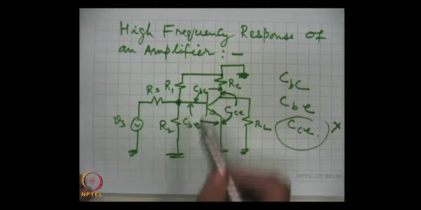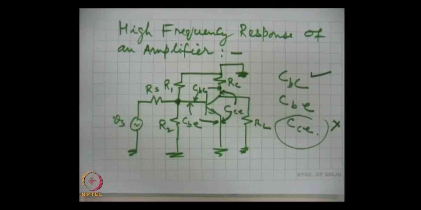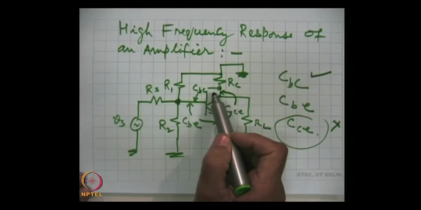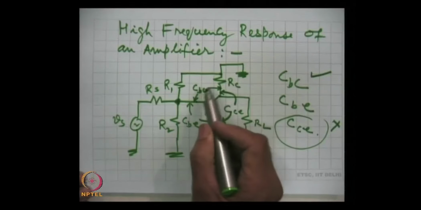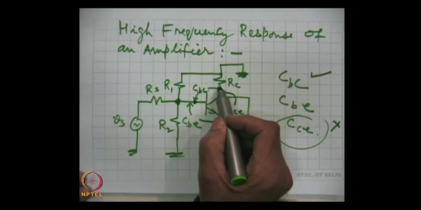Now, the first capacitor between base and collector, this will come in the Miller configuration, because its one end is connected at the input, the base, and the other end is connected to collector, the output.